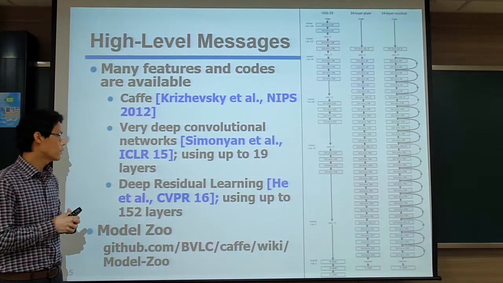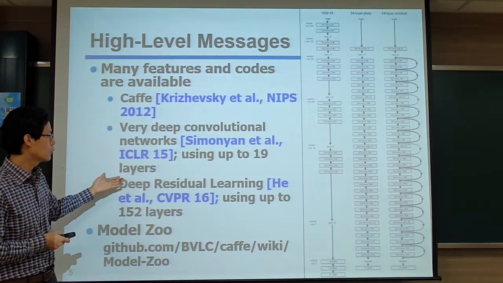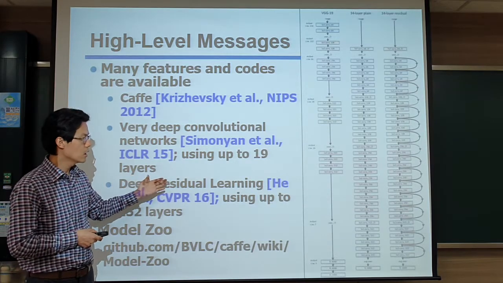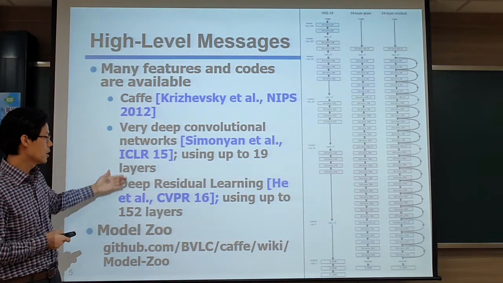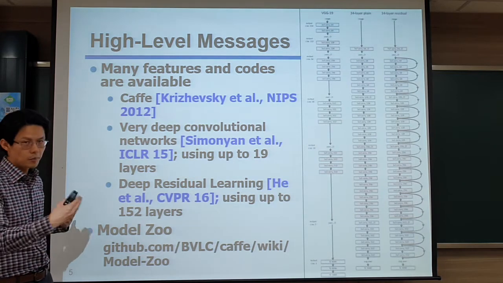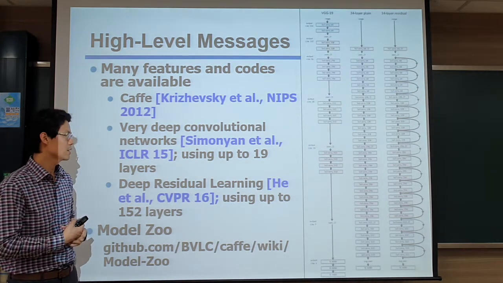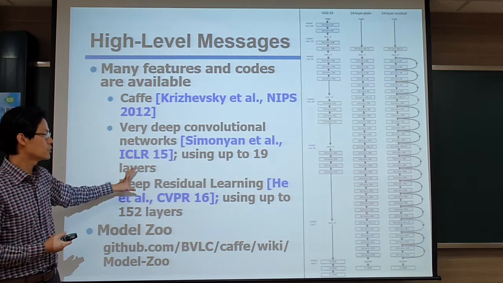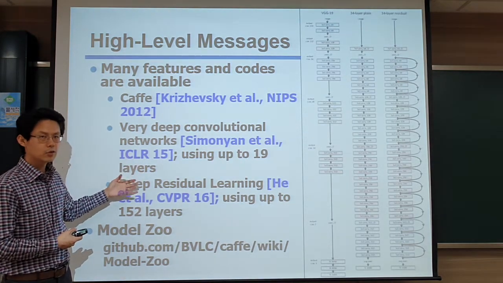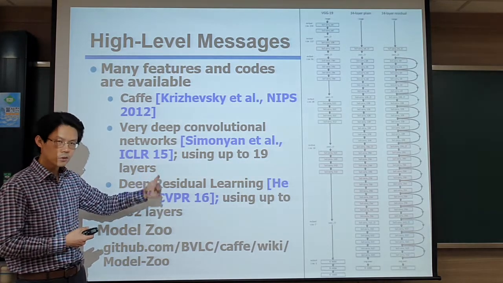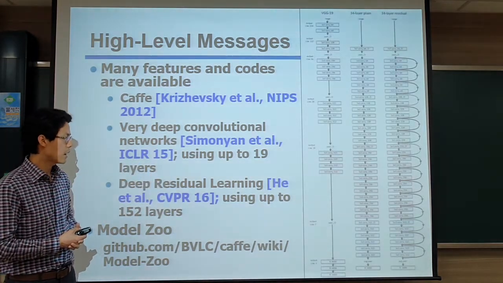Also, about 4 years ago, there was deep residual learning, which shows much better results for very deep networks, with many more layers. You can use residual learning to enable the deep neural net to have more layers, so that we can gain better accuracy.